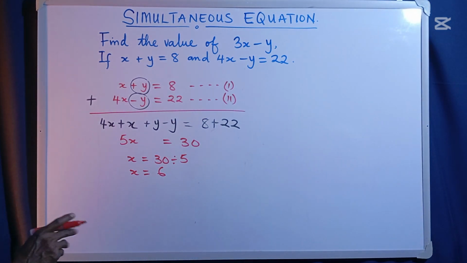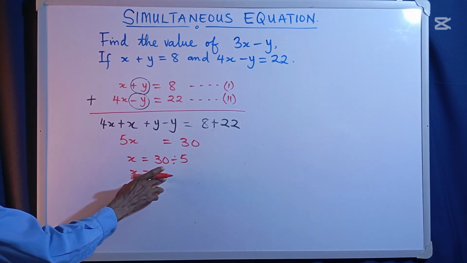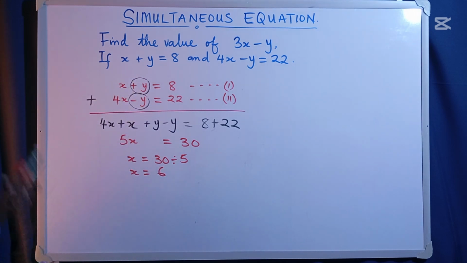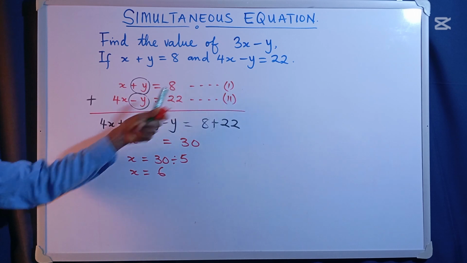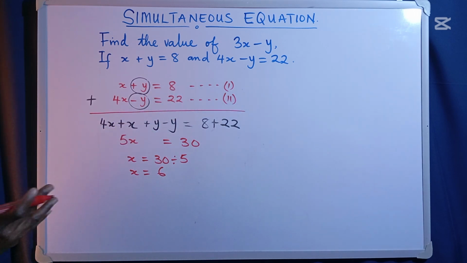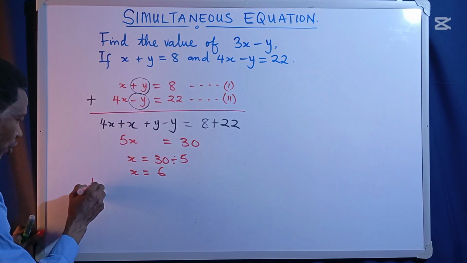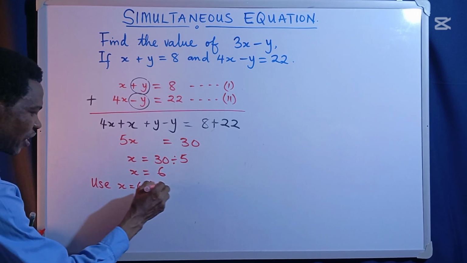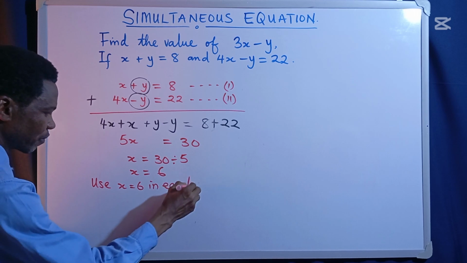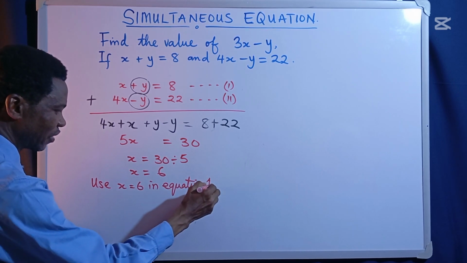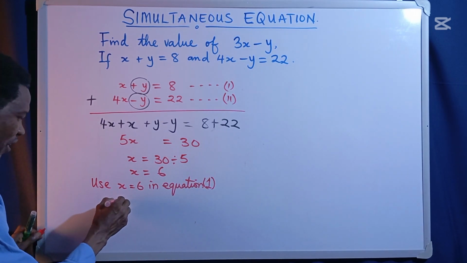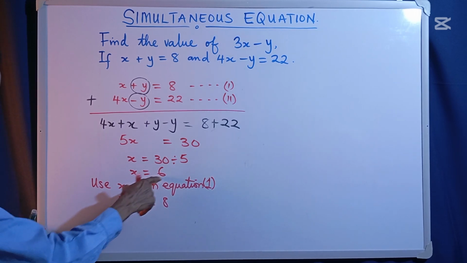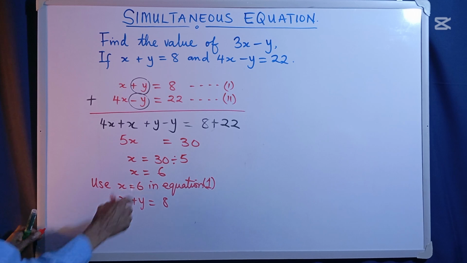Now, for us to complete this question, we can substitute 6 in either equation 1 or equation 2. Let's use equation 1 because equation 1 has the lower value. So use x equals 6 in equation 1. What does equation 1 say? x plus y equals 8. So whenever you see x, replace it with 6. That is substitution.